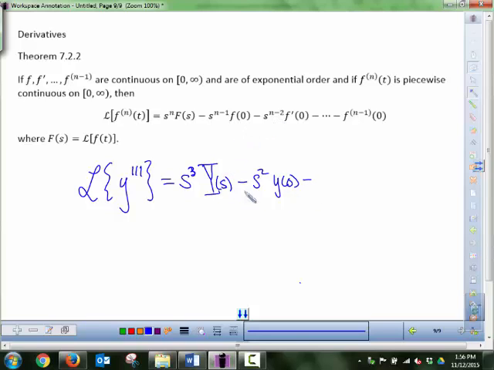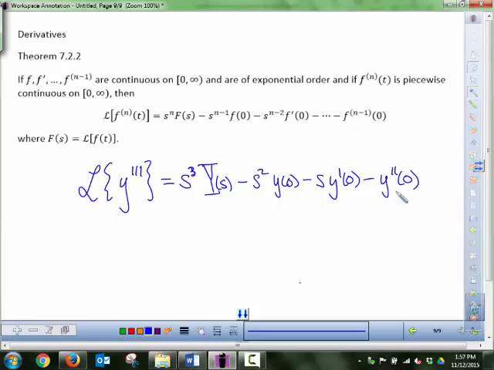I have 1 less than the last one, so that's just s to the first power. And then I have a y prime at 0. And then the last one has s to the 0 power. And then we have 1 less derivative than 3, so that's y double prime of 0.